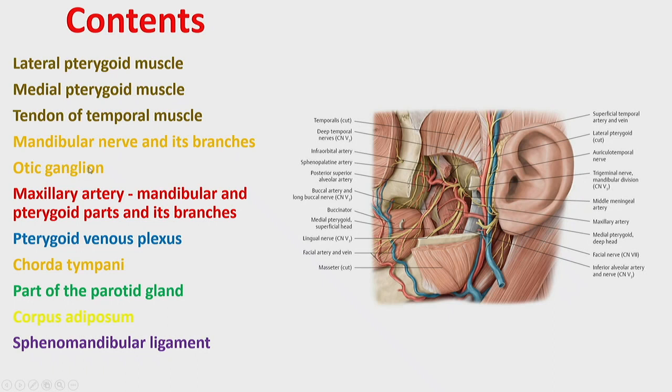The preganglionic parasympathetic fiber of the otic ganglion comes from the tympanic branch of the glossopharyngeal nerve, and the postganglionic fiber goes via the auriculotemporal nerve, a branch of the mandibular nerve that we are going to discuss.